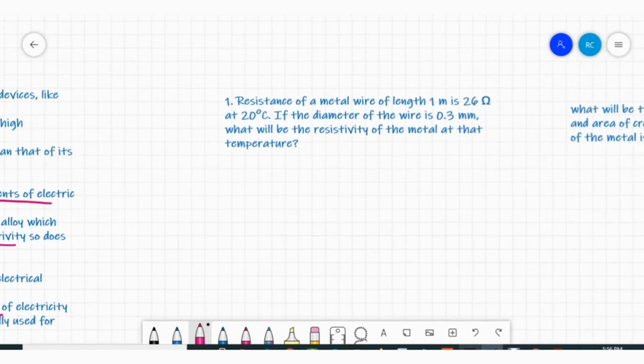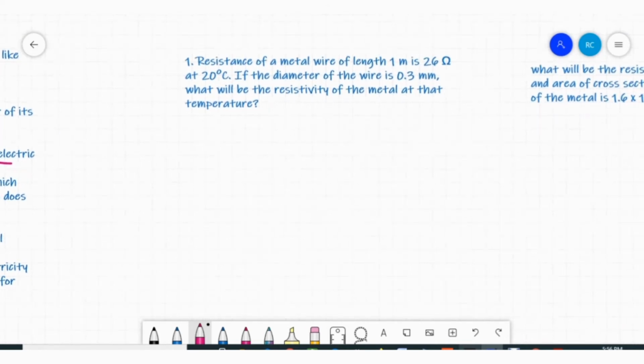Now we can solve some numericals. The first one: the resistance of a metal wire of length 1 meter is 26 ohm at 20 degrees Celsius. So the resistance is given, R is equal to 26 ohm.